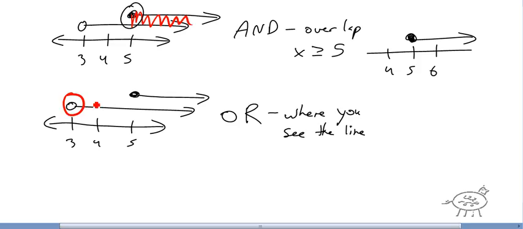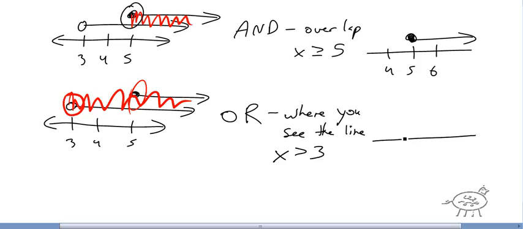The line starts here, and it's great that it overlaps here, but the line actually starts here, and so it goes on from there. So this solution is just a little bit different. That one's actually saying x is greater than 3. Again, that inequality is an open dot, so it's greater than 3. And then if I graph this one, it's an open dot pointing that way. So that's the difference between OR and AND. AND is where it overlaps, OR is where you start to see the line. All right. Last type of problem is called a between problem.